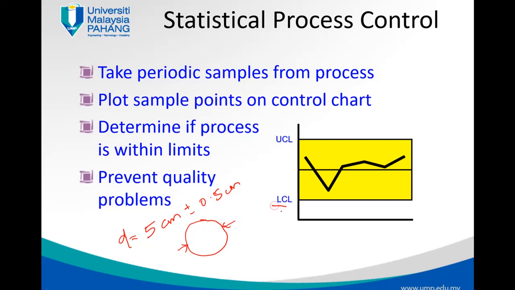So we have the upper control limit and lower control limit, and this axis is the sample axis in time units. For example, we take the first sample in the first hour, second hour, third hour, and so on. From the control chart, we can monitor whether the process is within control or out of control.